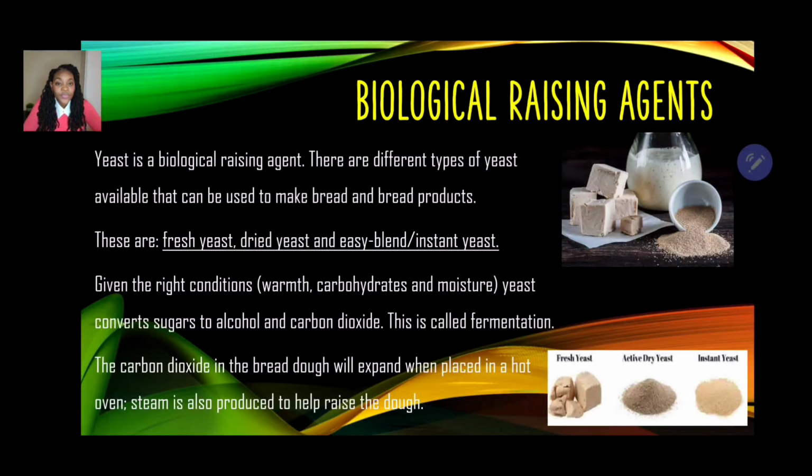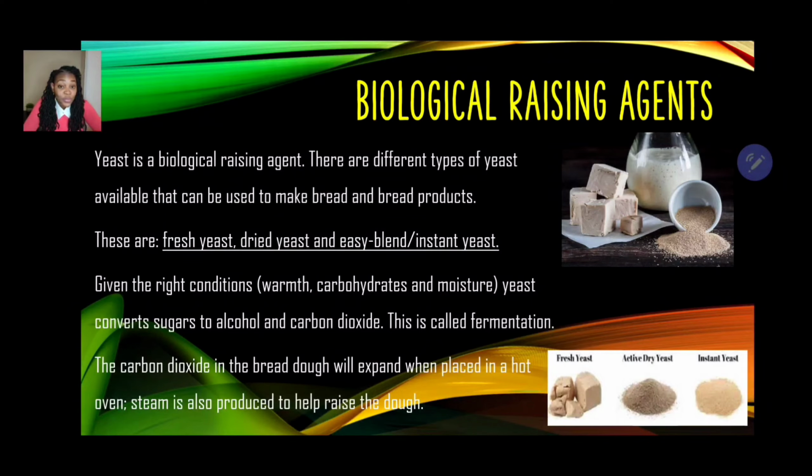So let us now review the key points, right? Yeast is a biological raising agent. There are different types of yeast: fresh, dried yeast, and instant yeast. Given the right conditions, which are warmth, carbohydrates, and moisture, yeast converts sugar to alcohol and carbon dioxide.